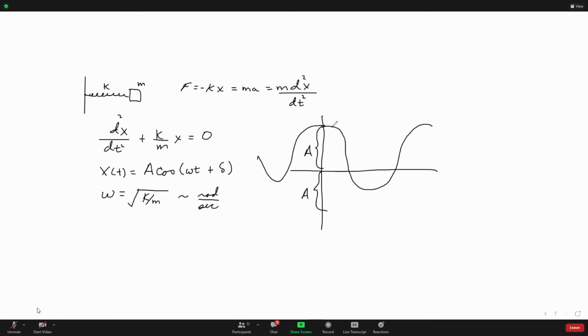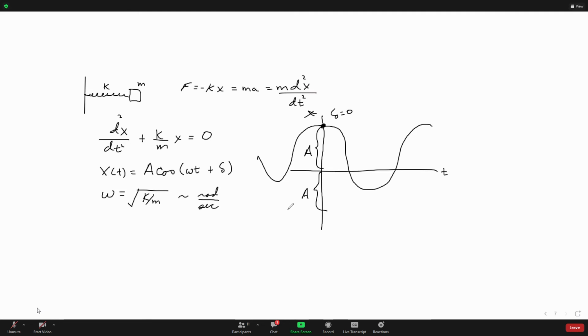And in this instance, since it's equal to 1 at t equals 0, the phase constant delta is equal to 0. So adding in the phase constant just moves this thing back and forth on the x-axis. Well, this is x, and this is t. I should have made that clear. Okay?